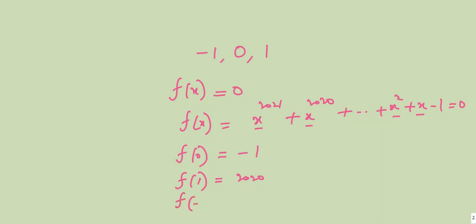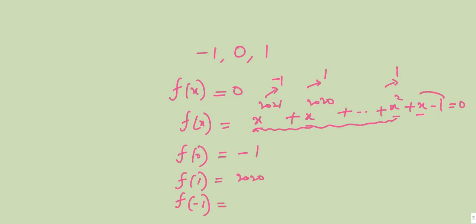And if you substitute -1, the signs will alternate. So this is -1, this is 1, and so on, and finally this is 1. But from the term x^2021 to x^2, there are 2020 terms, right? In those 2020 terms, there are 1010 positive ones and 1010 negative ones, so all get cancelled.